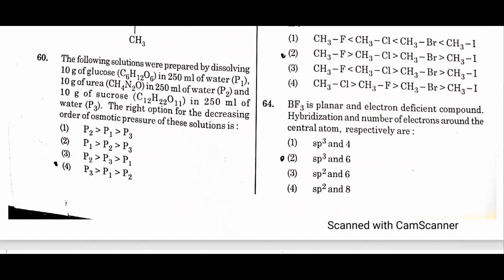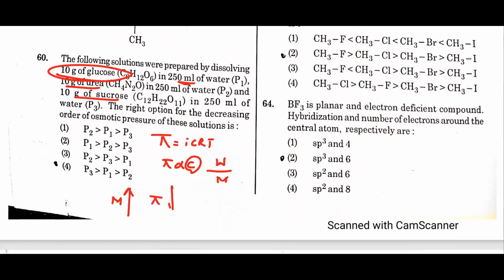See the next question. They have given 10 gram of glucose in 250 ml water, 10 gram urea in 250 ml water, and 10 gram of sucrose in 250 ml. And they're asking for the osmotic pressure ratio. We all know that pi is equal to iCRT is the formula. So pi is directly proportional to concentration, which is nothing but weight by molecular weight. So as molecular weight increases, osmotic pressure decreases.